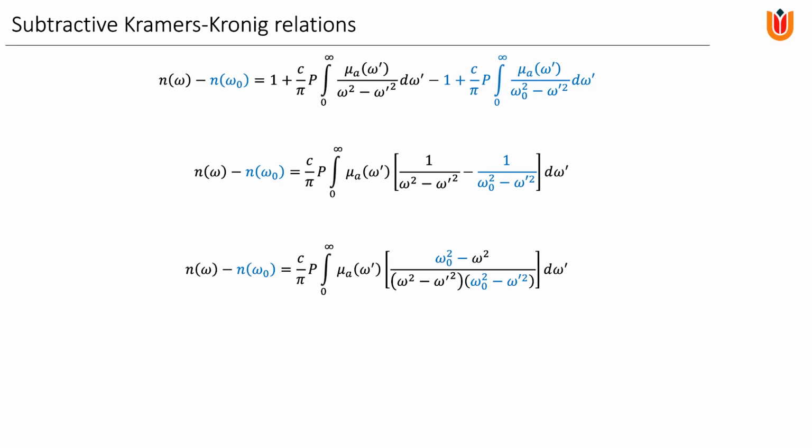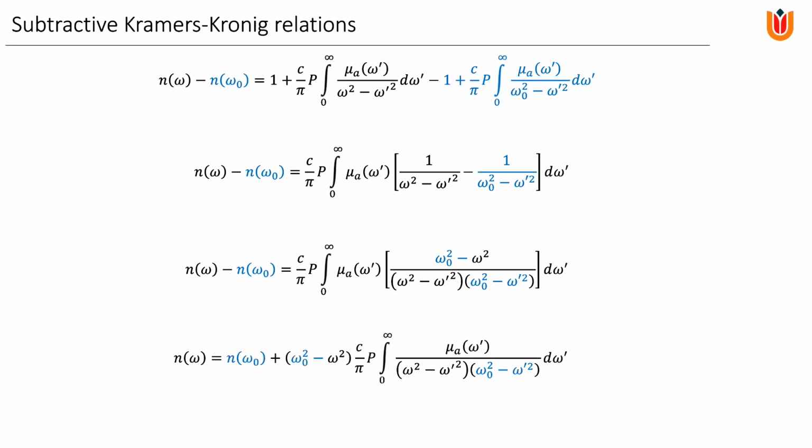And finally, the expression becomes this. So n of omega, now we have an offset point from the calibration, and then a slightly more complicated integral part of omega and of two omega squared terms.